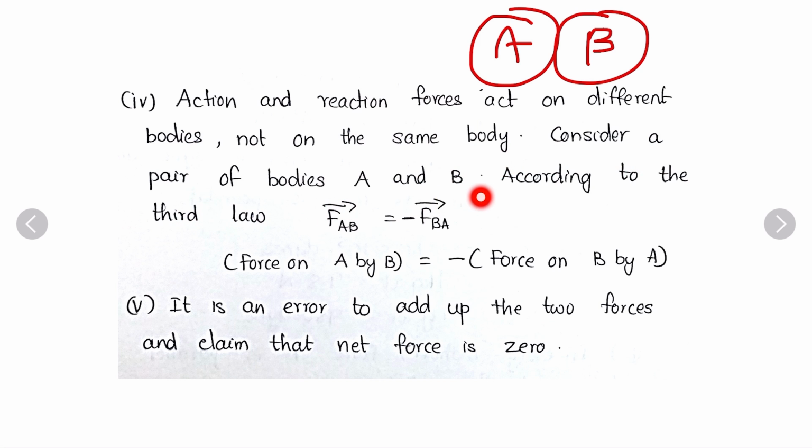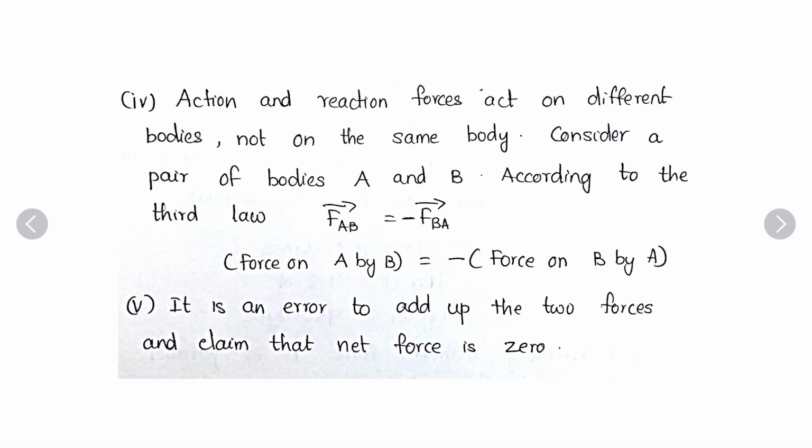Consider a pair of bodies A and B. According to the third law, FAB is equal to minus FBA. That means the force on A by B is equal to minus the force on B by A.